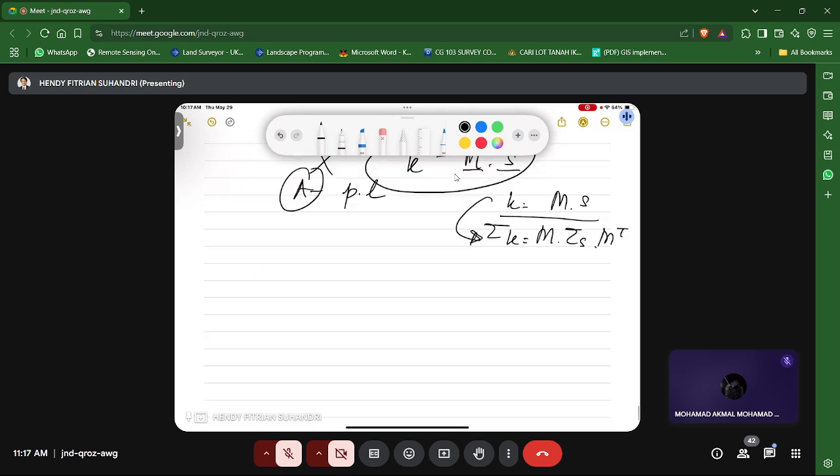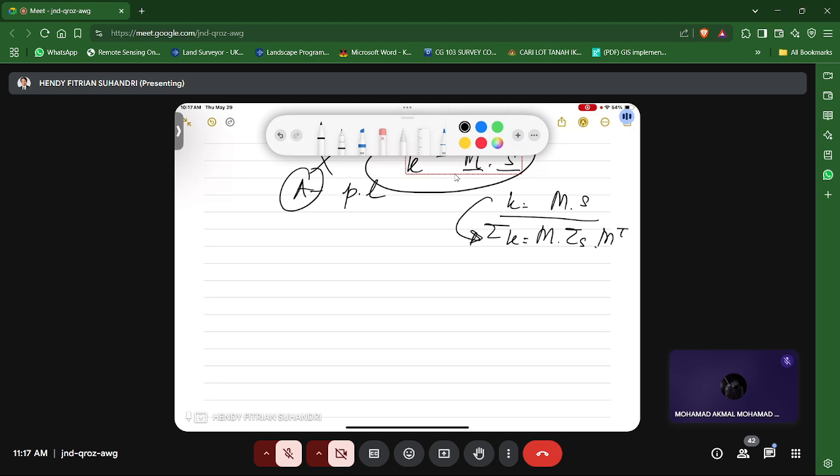So what we have to do is to derive the equation A with respect to each independent variable.